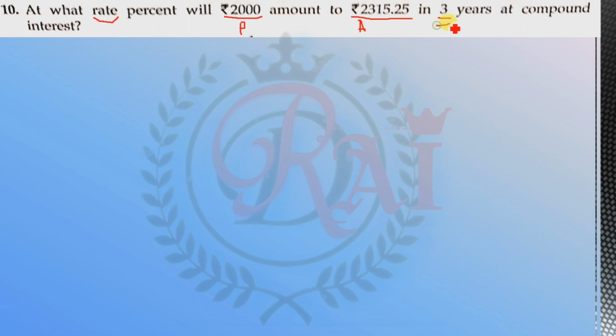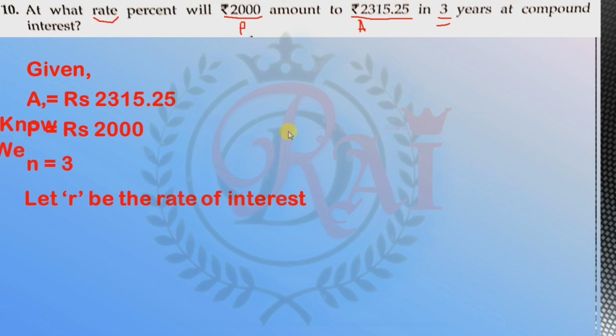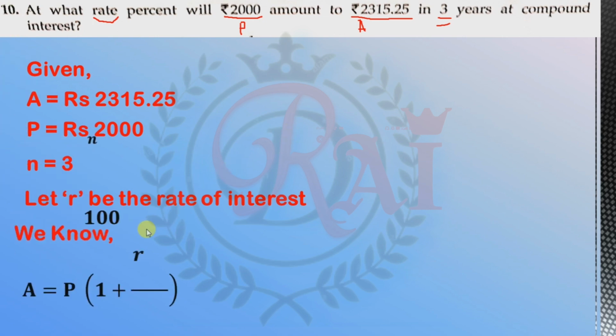N is given, 3 years. So given A is equal to rupees 2,315.25 paise, P is equal to rupees 2000, N is 3. Let R be the rate of interest. We know A is equal to P, 1 plus R divided by 100, raised to the power N.